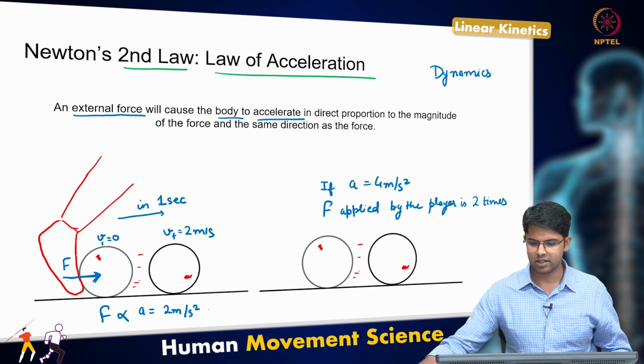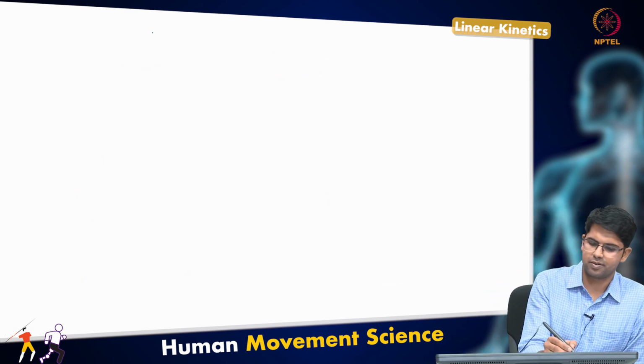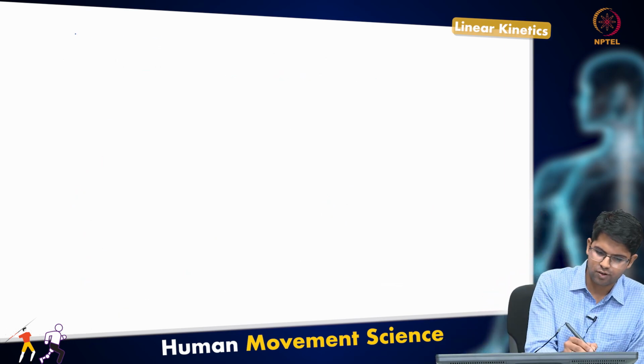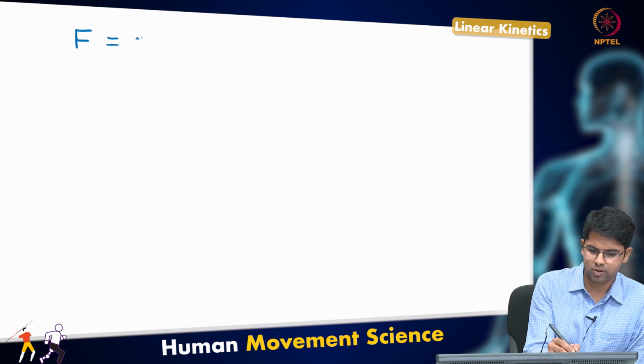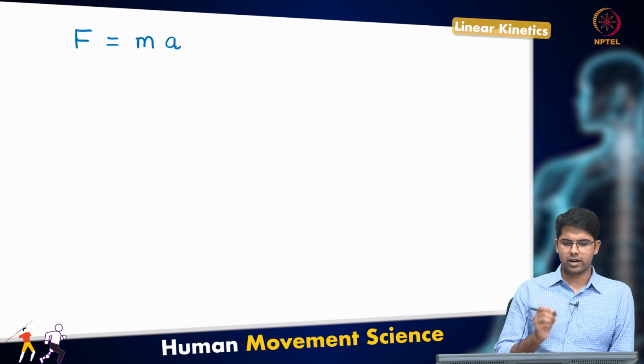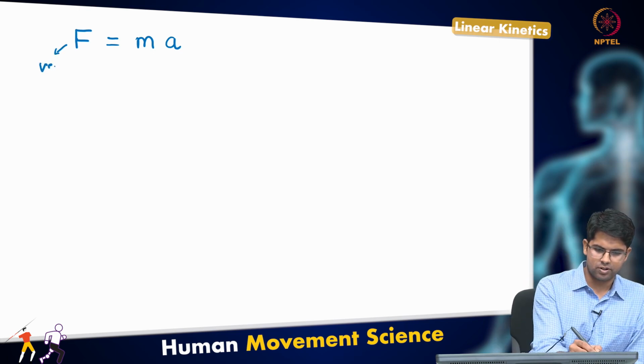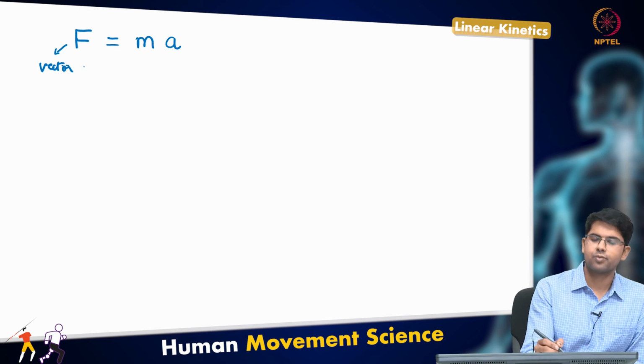So this brings us to a proper definition for this law, which is force equals mass times acceleration. And right now this is incomplete because we said force is a vector, right?